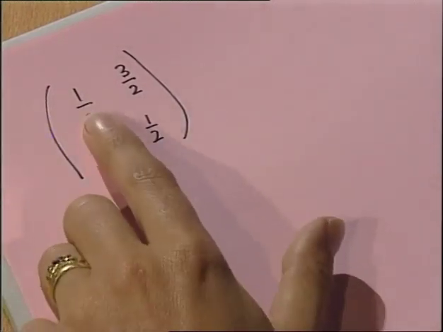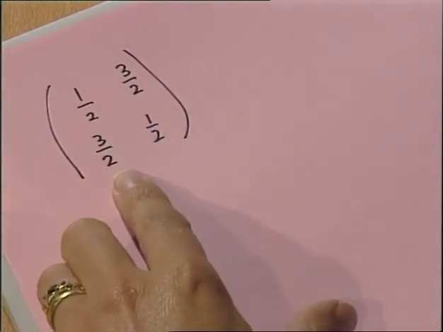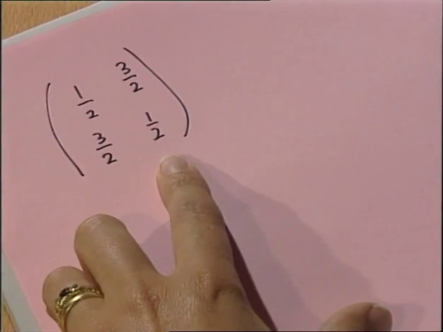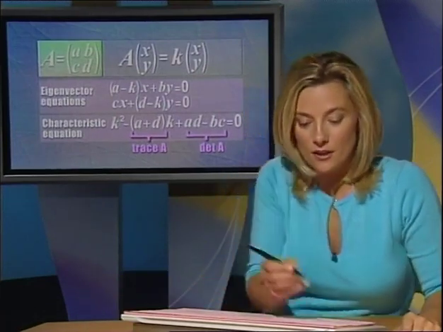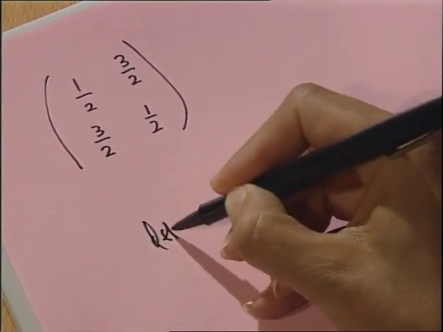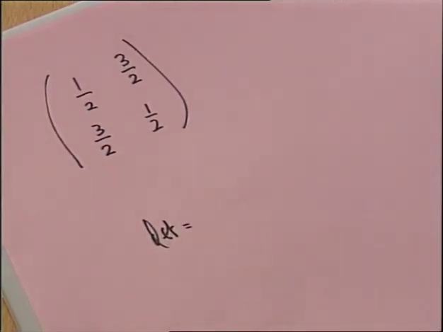Francesca. Well, let's find the eigenvalues and eigenvectors of this matrix: a half, 3 halves, 3 halves, a half. And try and see why Alan went that funny shape. OK, I'll start with the characteristic equation. Now I need to work out the determinant of this matrix.